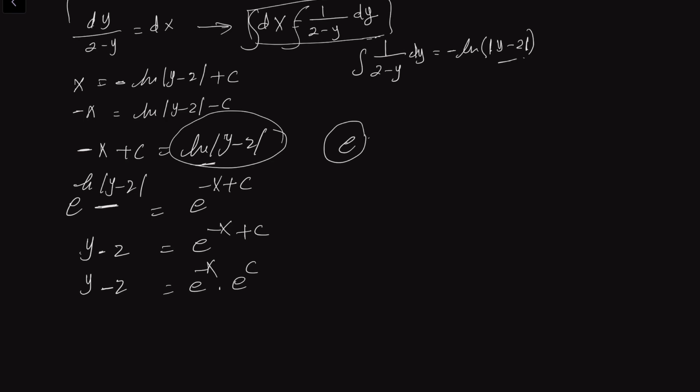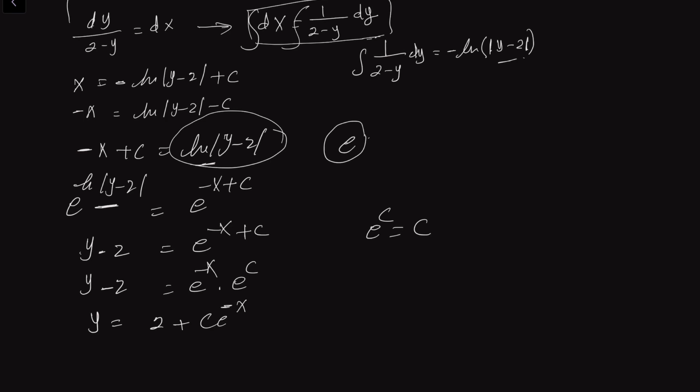So we add 2 to both sides, so y equals 2 plus e to the c times e to the minus x. We let e to the c be equal to c, so it will be c e to the minus x.